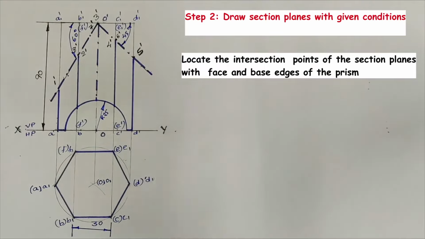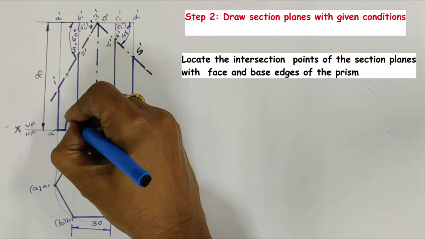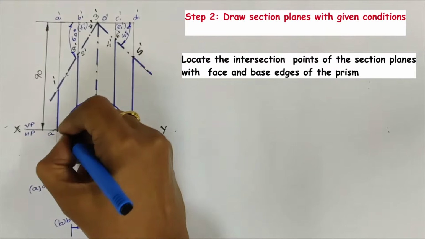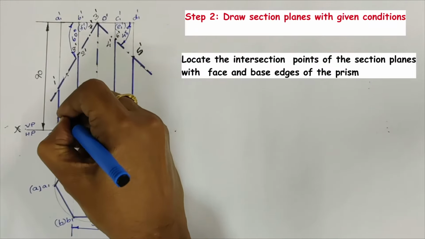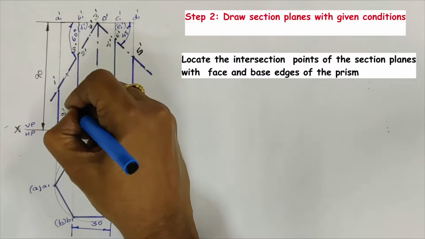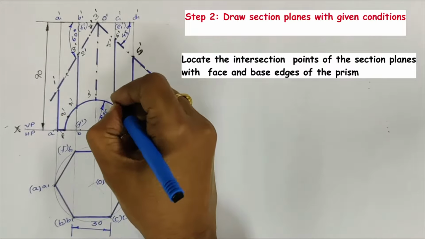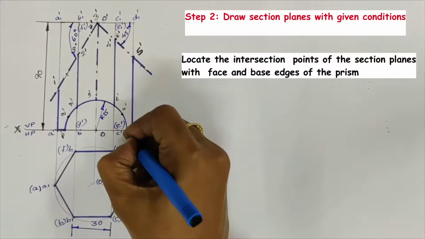For our convenience, we are taking 2 more extra points on the semicircle in the front view. Say this is P dash, this is Q dash, R dash, S dash, T dash, U dash, V dash.